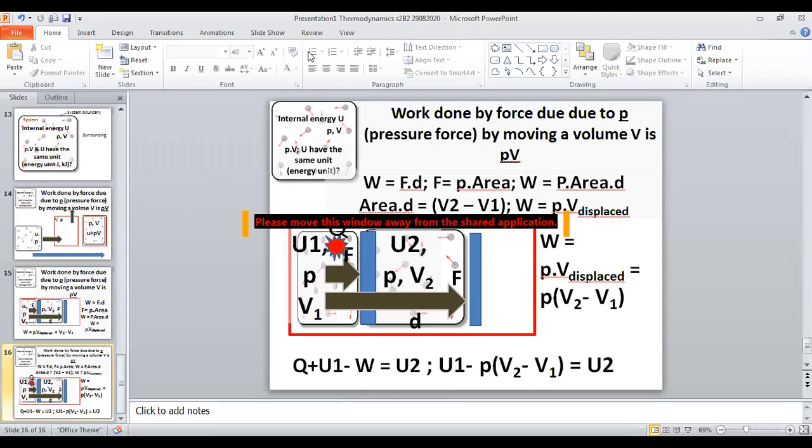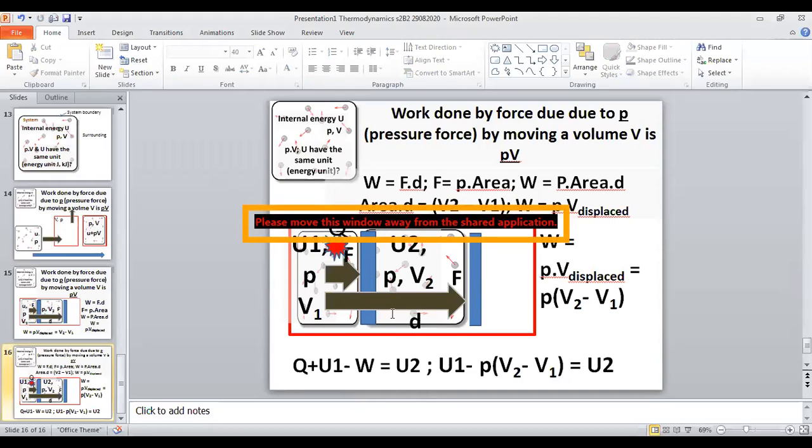Initially, before combustion, we have U1 and also we have this Q. So Q plus U1 is the energy here before expansion.